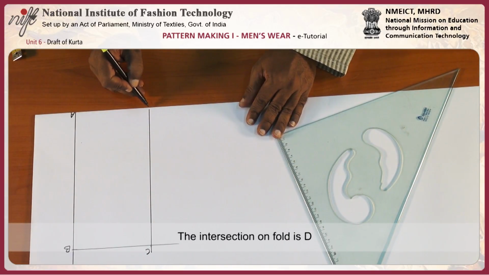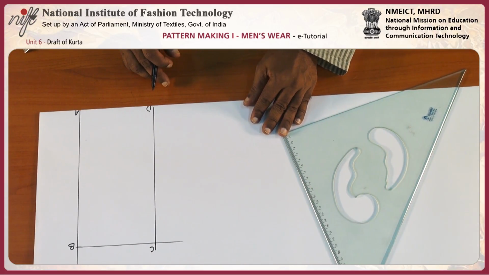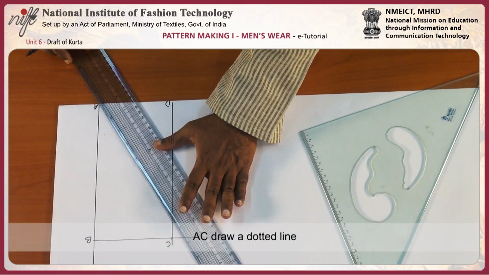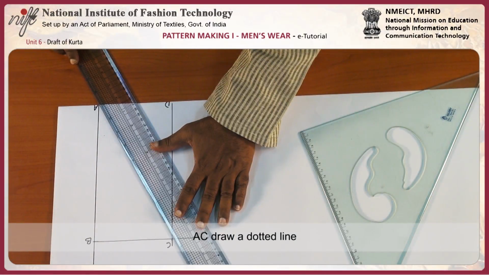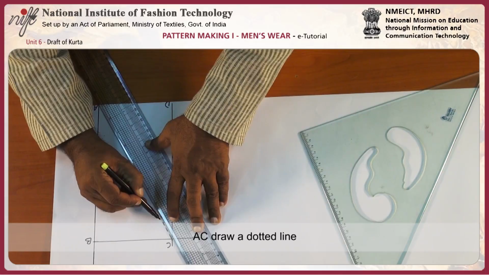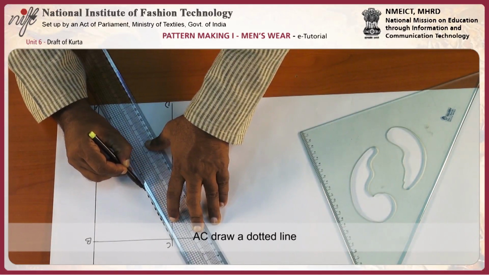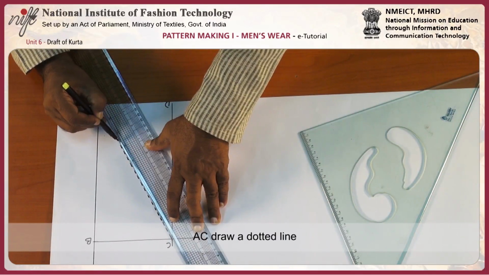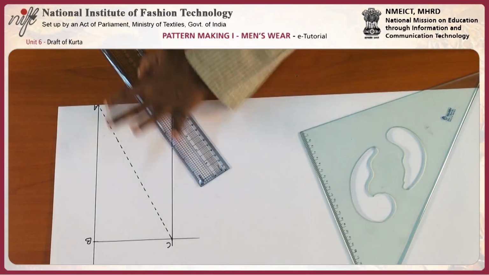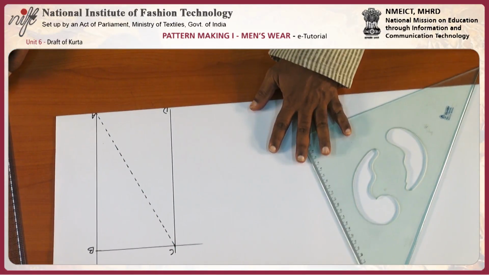Now, the intersection on fold will be point D. Now, point A to C, draw dotted lines, or it can be broken lines or dashed lines, whatever convenient to mention, but it should be drawn as I have shown on the diagram.